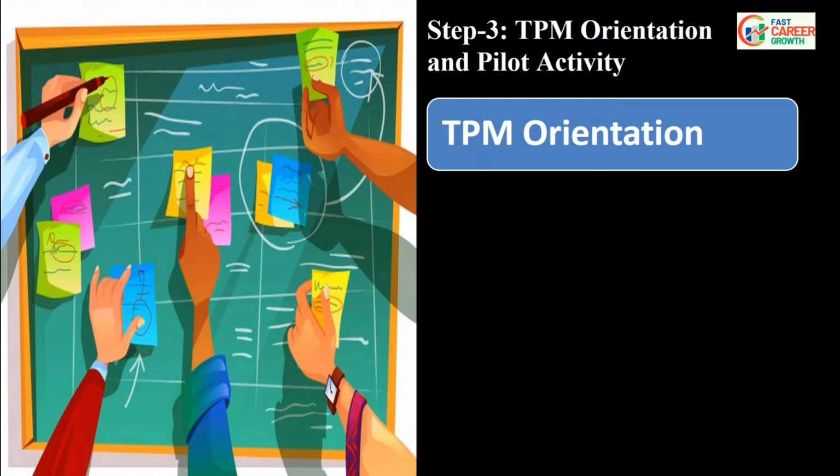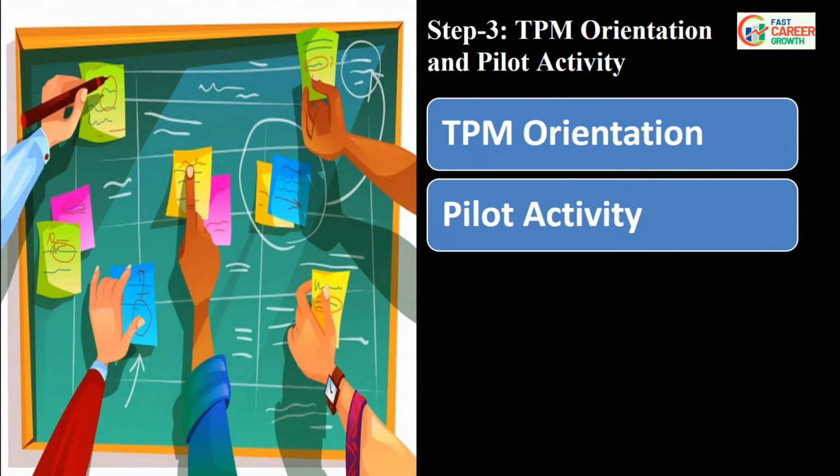Pilot activity. Before implementing TPM across the entire organization, many companies choose to run a pilot program. During a pilot activity, TPM principles and practices are applied to a specific area, often a single production line or a group of machines.